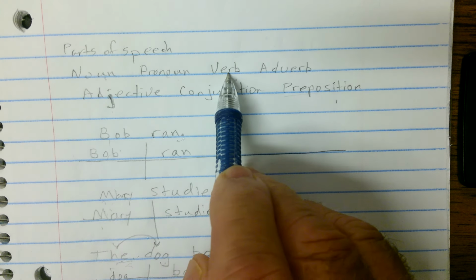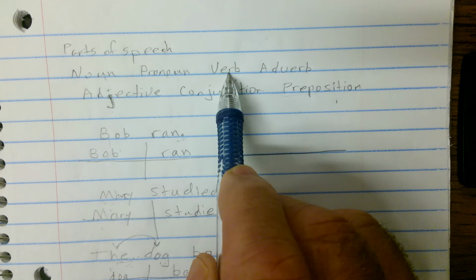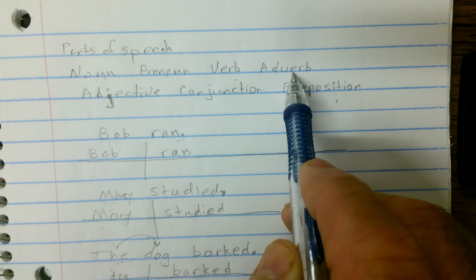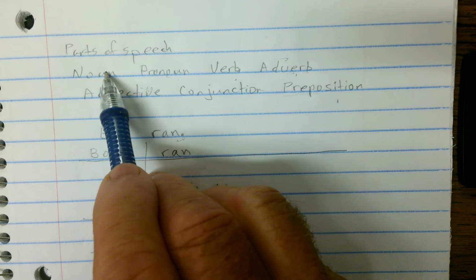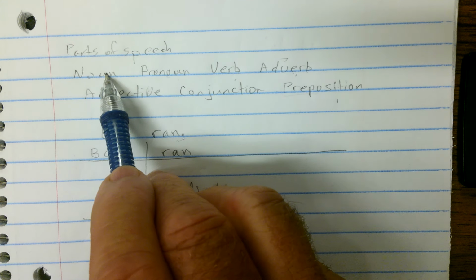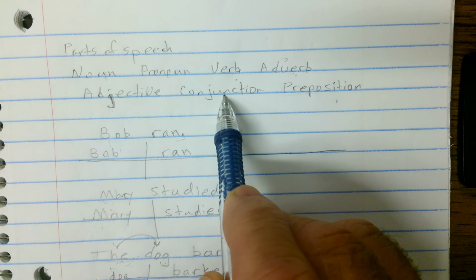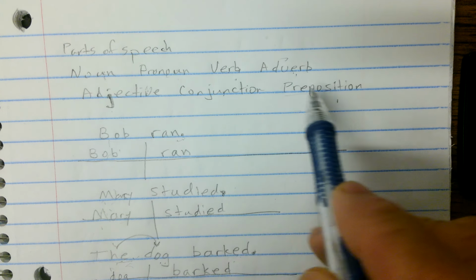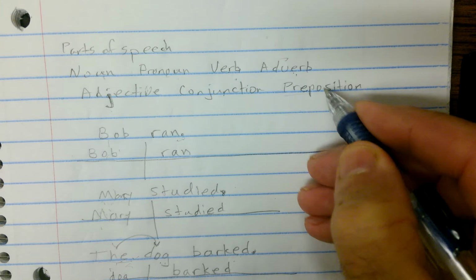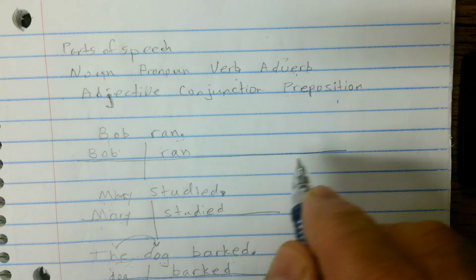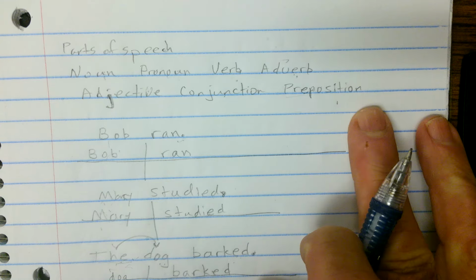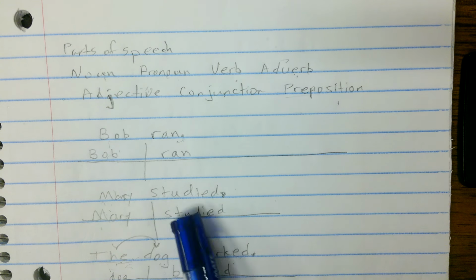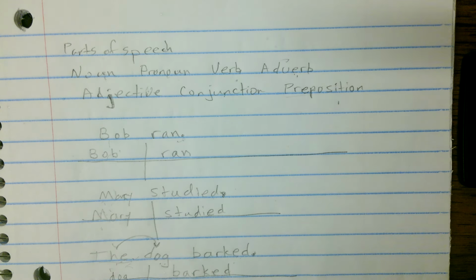Verb indicates a state of being or action. Adverbs modify verbs and adjectives. Adjectives modify nouns. Conjunctions connect sentences, and prepositions give you information as far as place, time, etc. So keep these things in mind here. Take a look at these examples. We will be getting a little more complicated every time. Thank you.